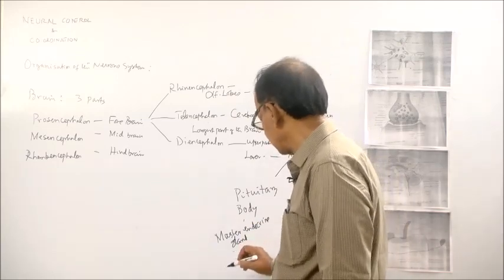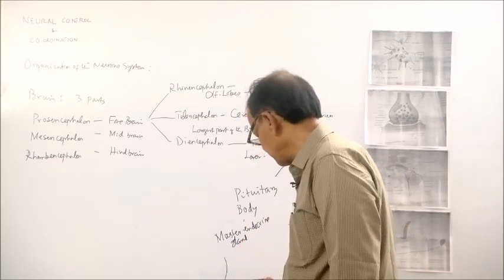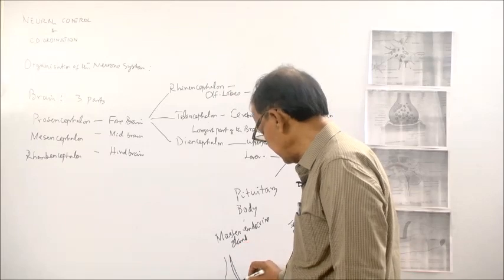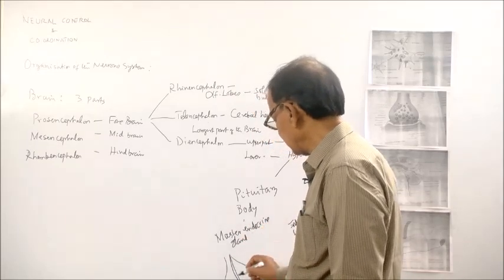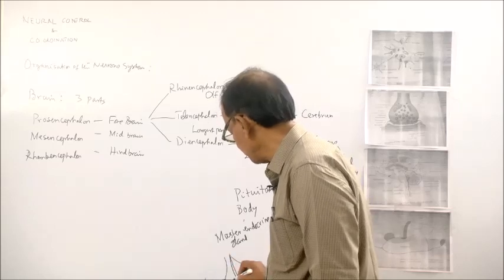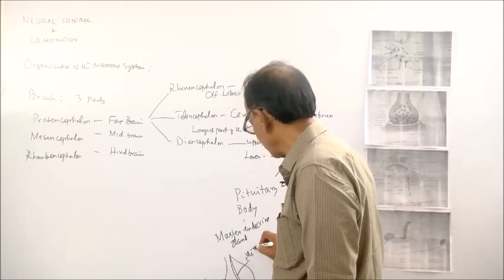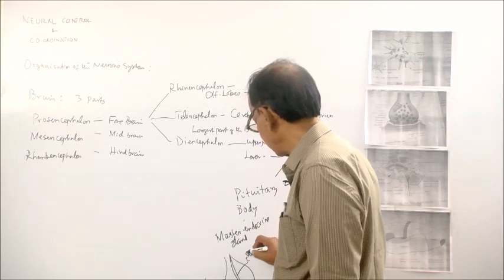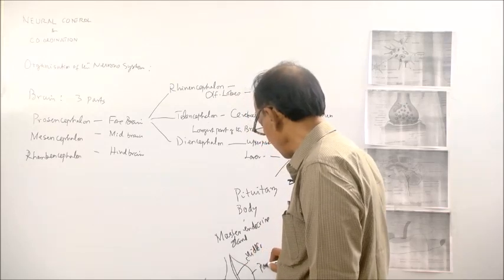It consists of, so this arises, so this is like this. It has 3 lobes: anterior, middle and posterior lobe.